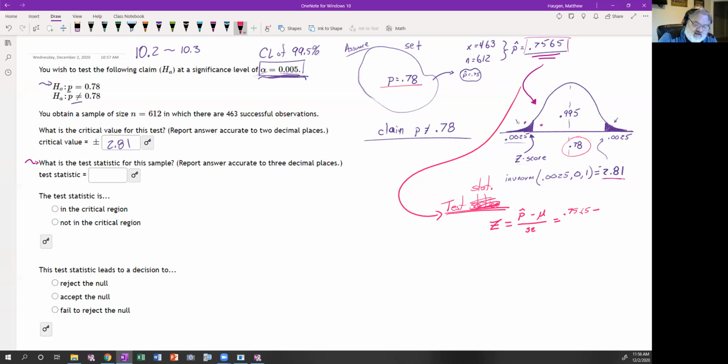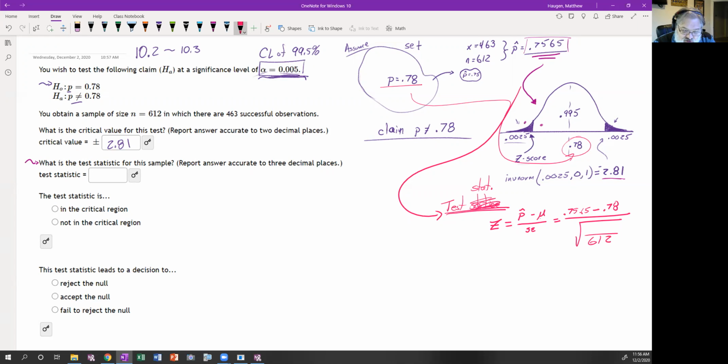But remember, the mean of our sampling distribution is the proportion of our population, right? So that is a mu, 0.78, divided by our standard error. Our standard error is the square root of PQ divided by our sample size, and our sample size was 612.